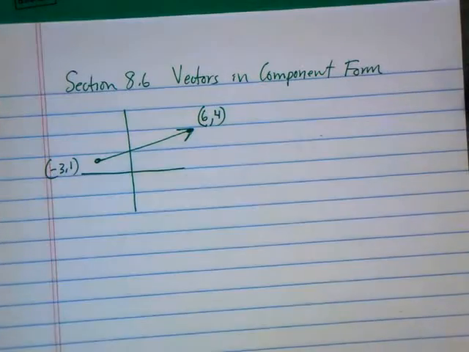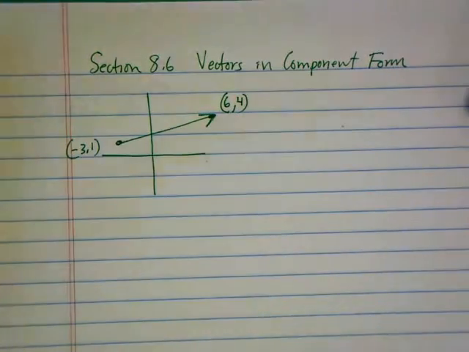So let's say I gave you this vector. I give you the vector which starts at -3, 1. It ends at 6, 4.